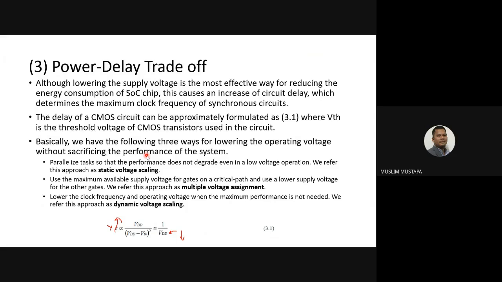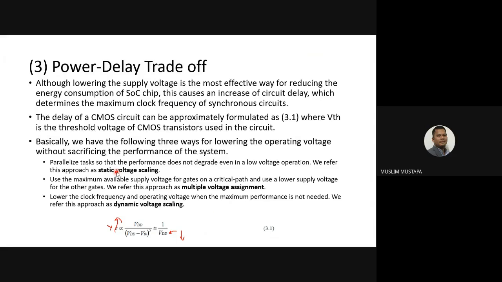We know that we want to reduce the energy or power consumption by lowering the voltage, but the problem is that when we lower the voltage, we increase the delay. Now we will look into three methods so that you can lower the operating voltage without sacrificing the performance of the system.